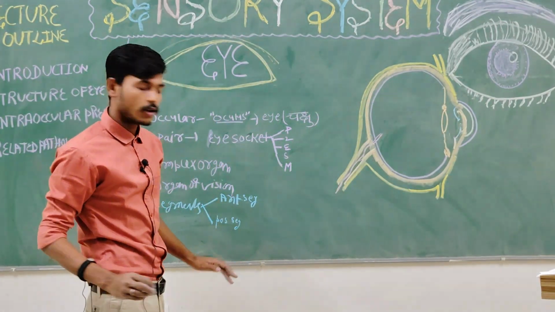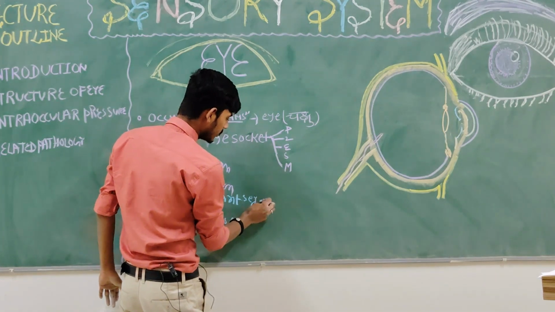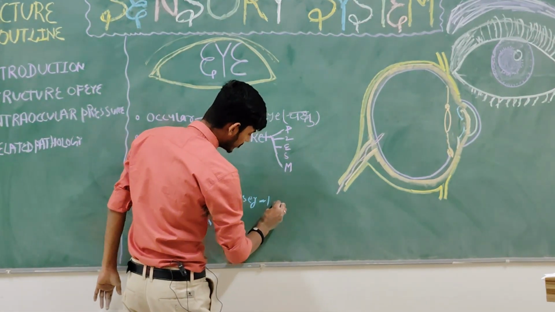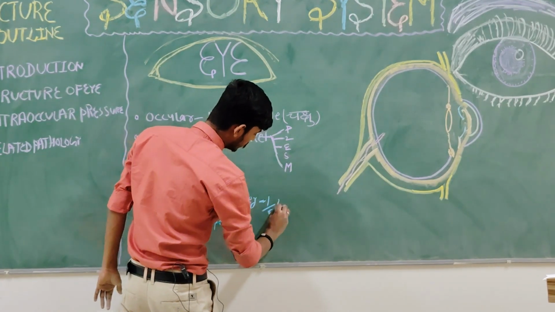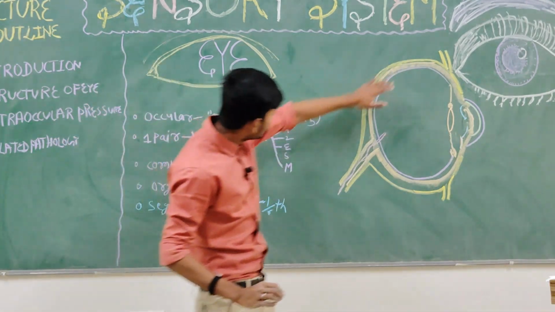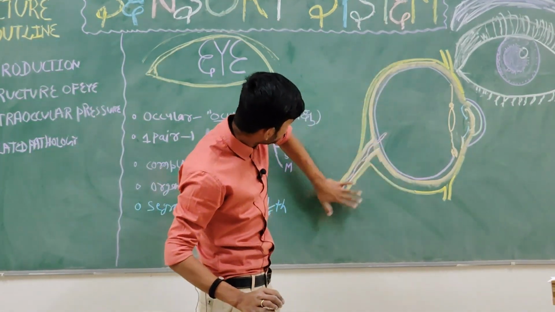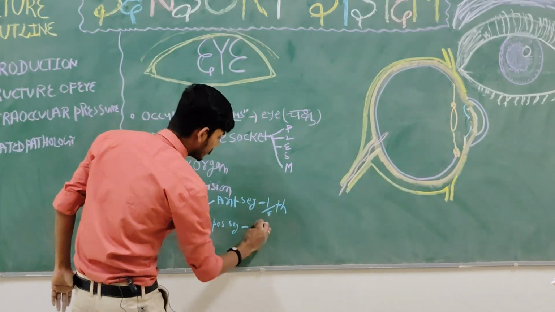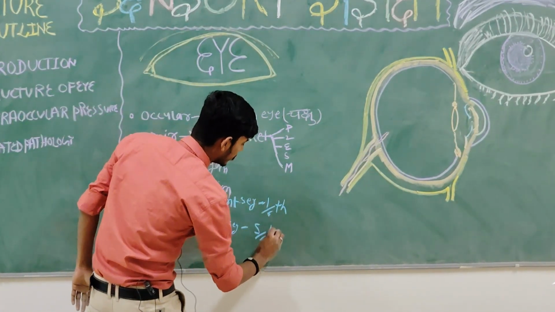It consists of 1/6 of the total eye, whereas the posterior part consists of 5/6. The posterior segment consists of 5/6.